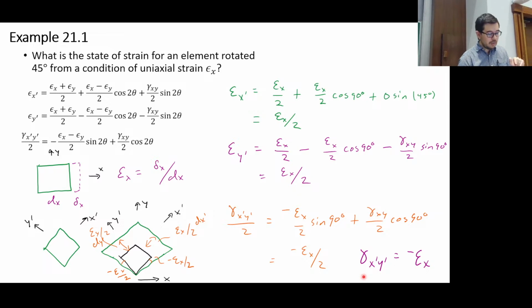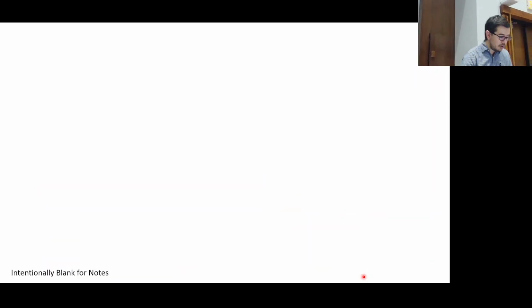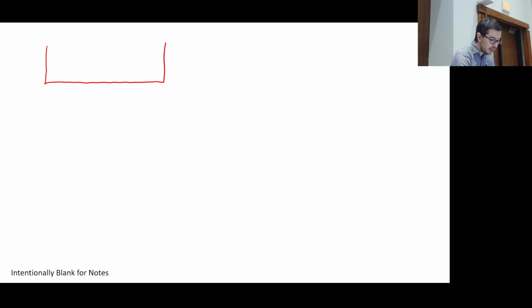I guess I've done this before, just in terms of drawing. But if you think about an element on a bar, so now we're applying some force, and we think about an element like this.